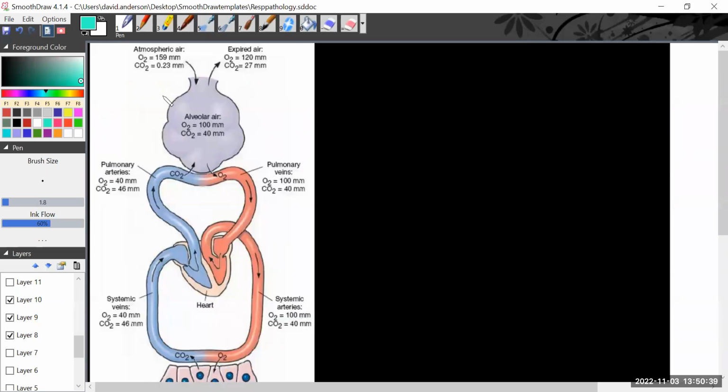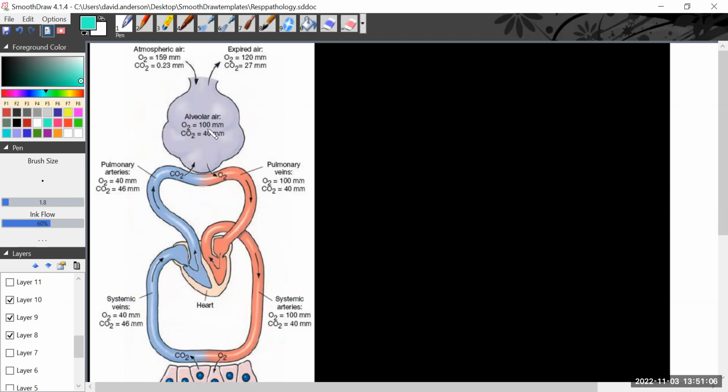So in our atmospheric air, we've got partial pressures that represent extremes of the oxygen that we see systemically. When we breathe in air, by the time it gets down to the alveolus, the partial pressure in the alveolus for oxygen is around 100, and for carbon dioxide it's around 40.